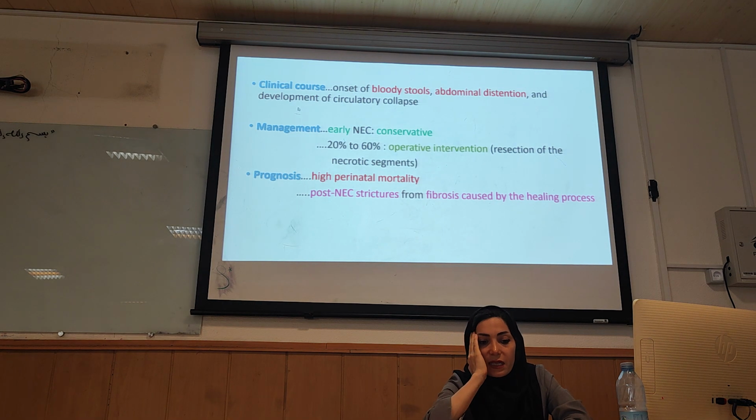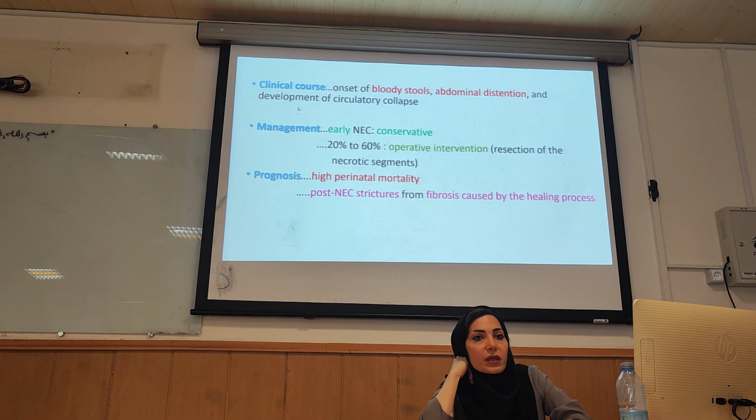Management of this disease in the early phases may be conservative, but 20 to 60% of them lead to operative intervention, and resection of the necrotic segment of the intestine is the treatment of choice.